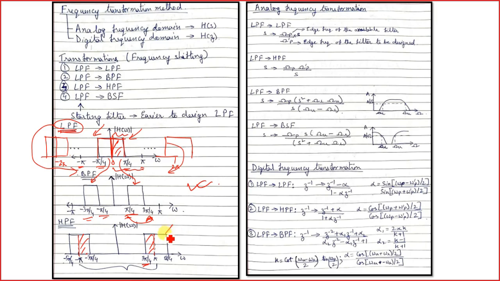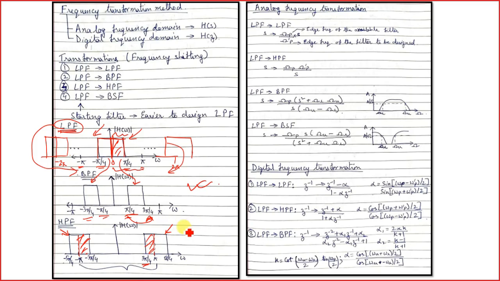And this other extra part which I have drawn is due to the repetition effect in the digital domain, right? Because after pi and after minus pi, they get repeated. We have already discussed this. When we try to design any digital filter, we usually consider the minus pi to pi region. So if you look into the minus pi to pi region, what filter have we designed?